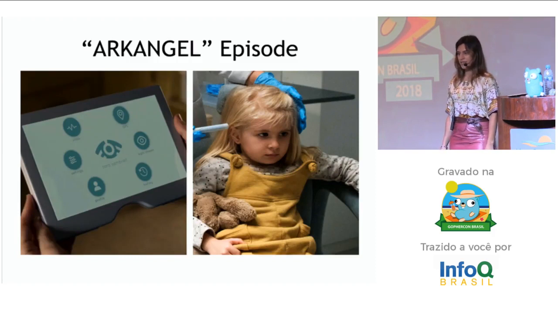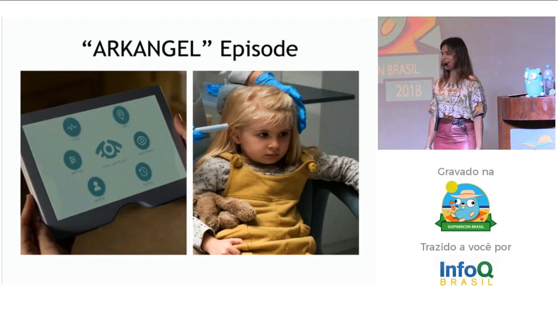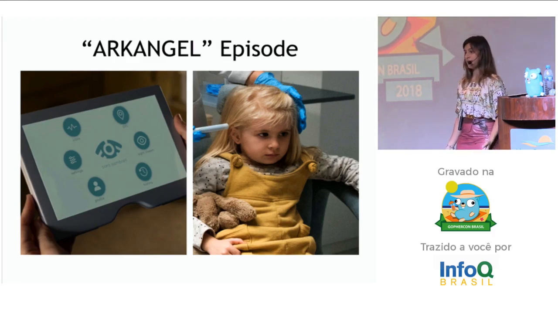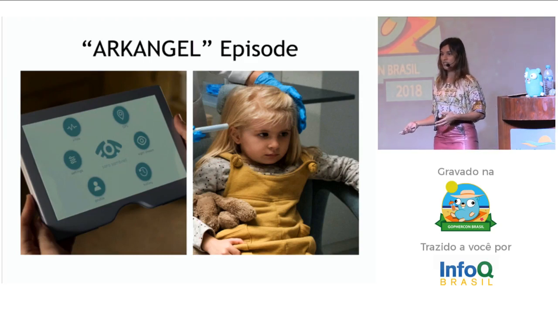There's this one episode that came out last year called ARKANGEL, and it's about an overprotective mother who decides to invest in this cutting edge device that basically protects her daughter from seeing anything that she doesn't want her daughter to see. For example, she doesn't want her daughter to see nudity or gore or violence or drugs.